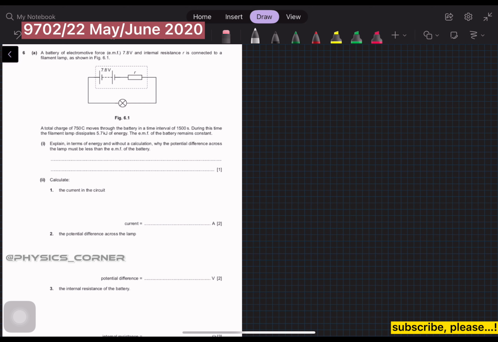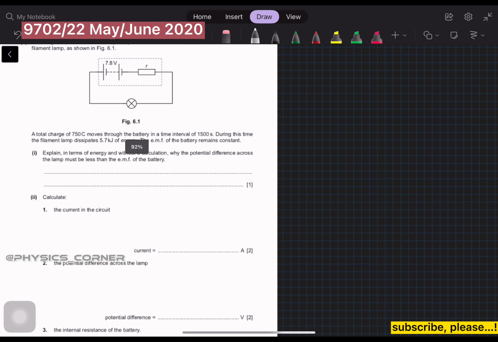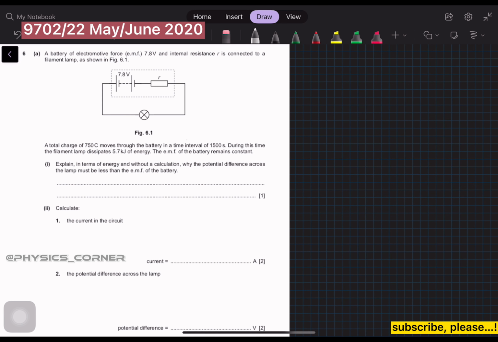A total charge of 750 C moves through the battery in a time interval of 1500 seconds. During this time the filament lamp transfers 5.7 kilojoule of energy. The EMF of the battery remains constant.